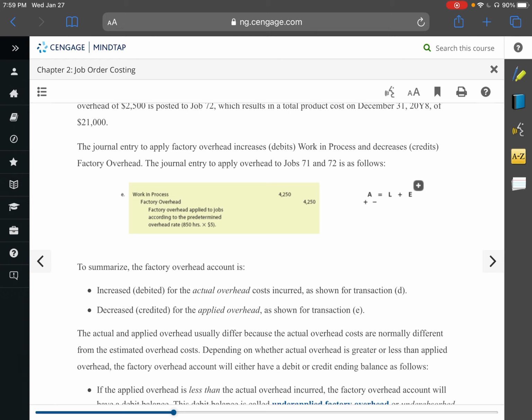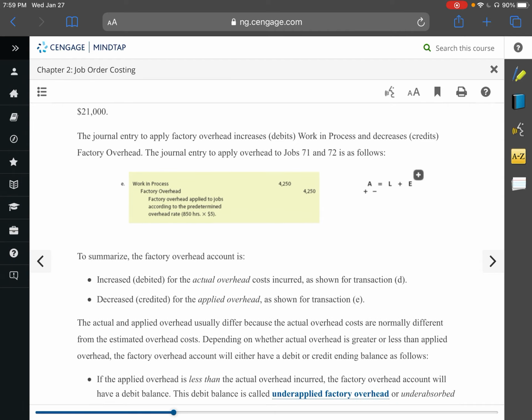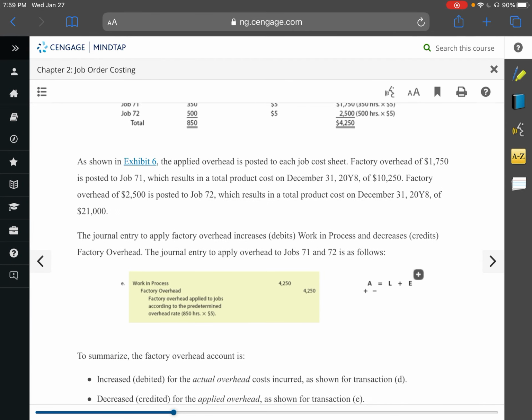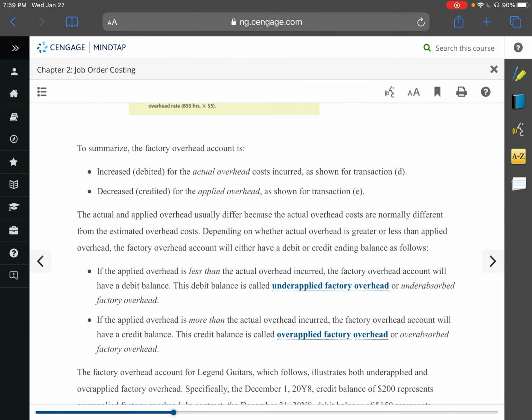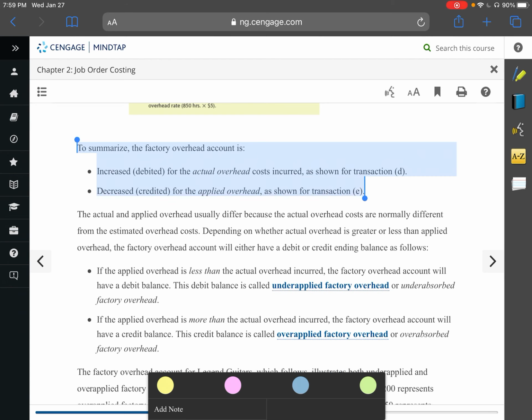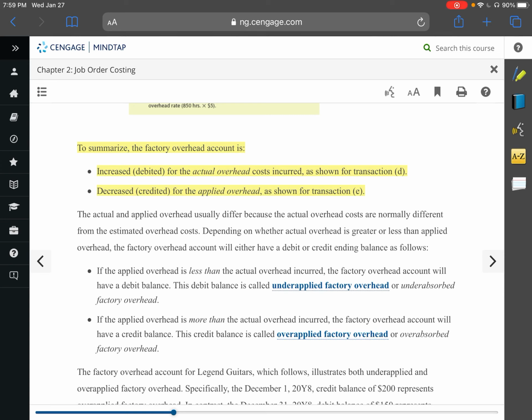So they would debit work in process, credit factory overhead for those amounts that we looked at for those two jobs. To summarize, the factory overhead account is increased for the actual overhead costs that were incurred, and then it is decreased when you get ready to apply that overhead to work in process.